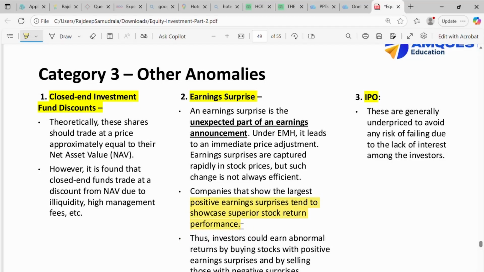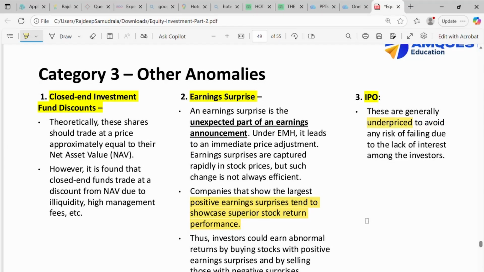So the higher the earnings surprise, the higher the superior returns. Just look out for those aspects. Investors could obviously earn by buying those shares which have a higher earnings surprise. And a share that gives you negative surprises will always have a lot of selling happening in those shares. Clear?